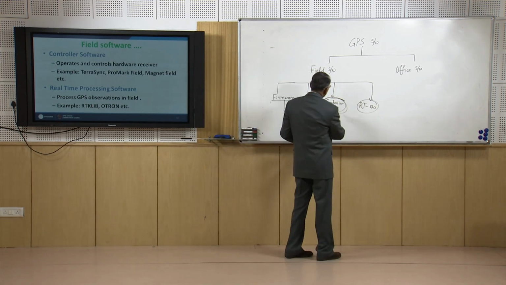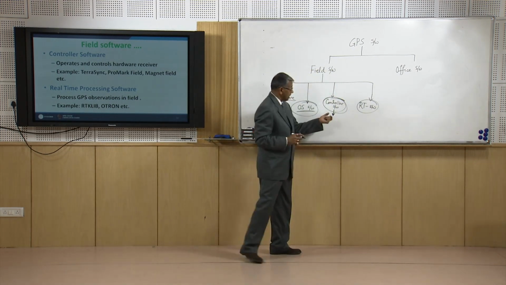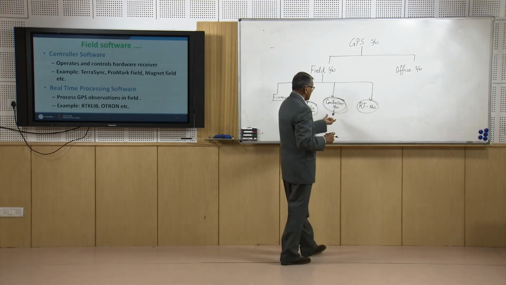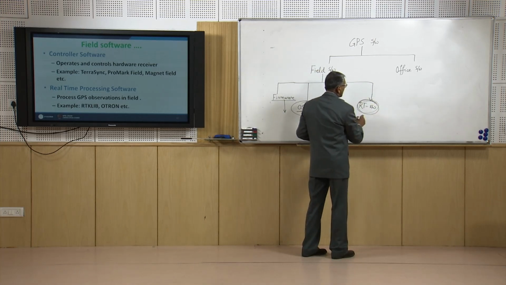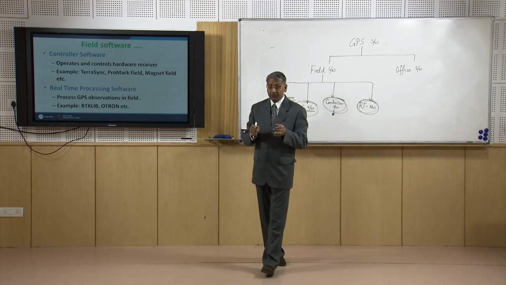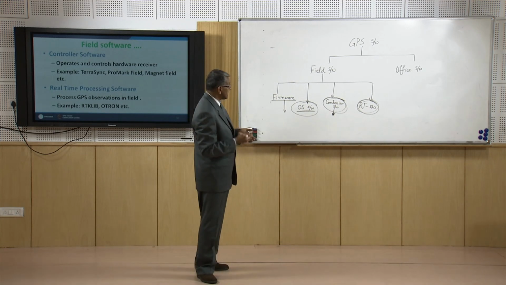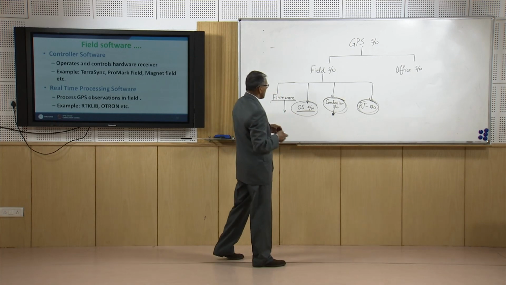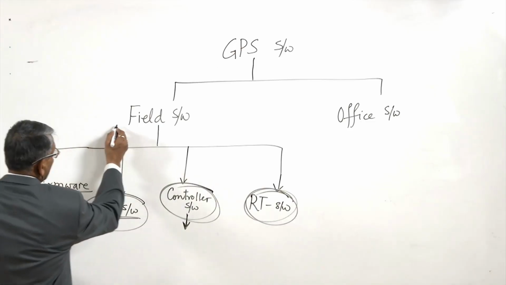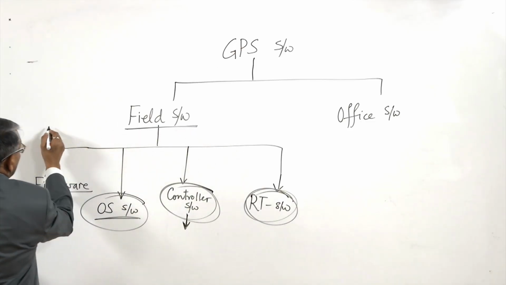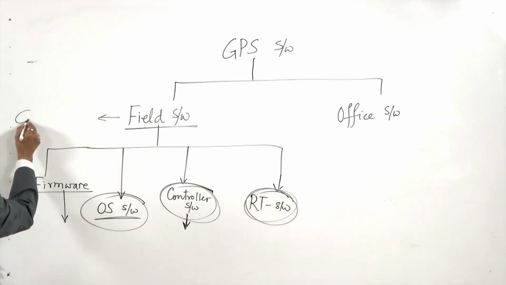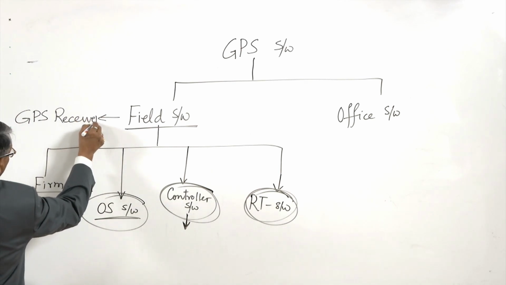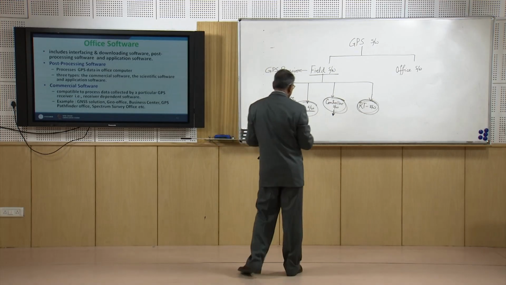And once the data is received by the GPS receiver, that data will be processed in real time by the real time software that is available inside the GPS receiver hardware. So these field softwares are basically available within the GPS receiver.